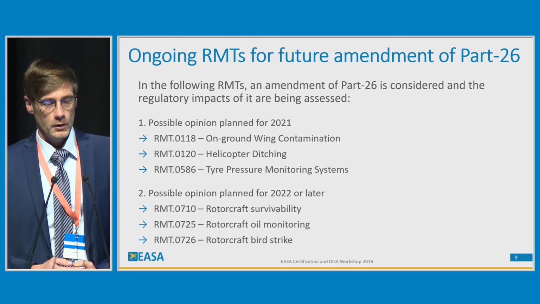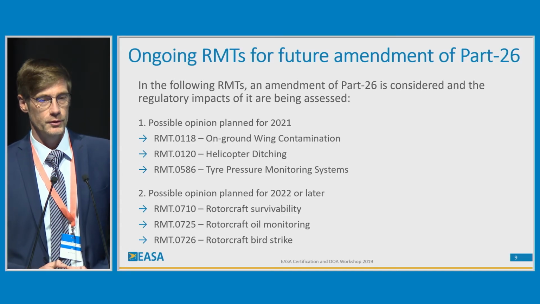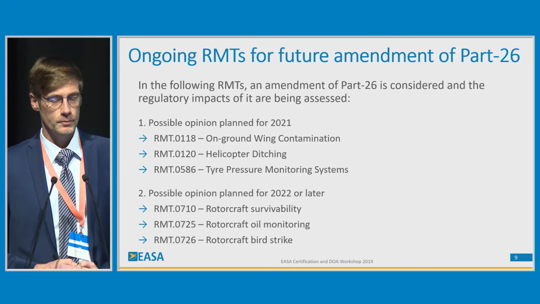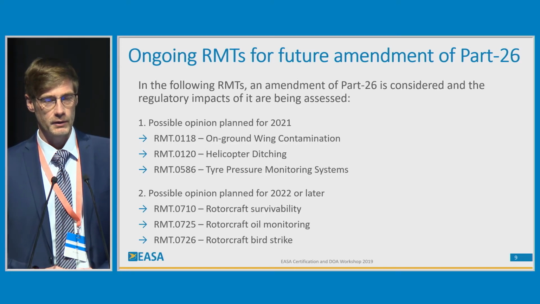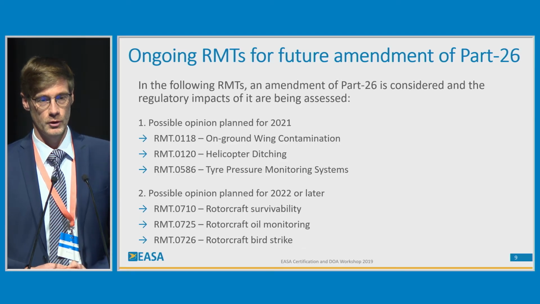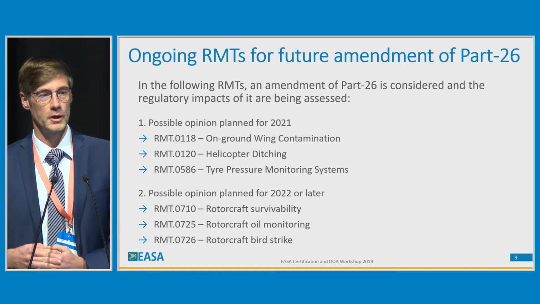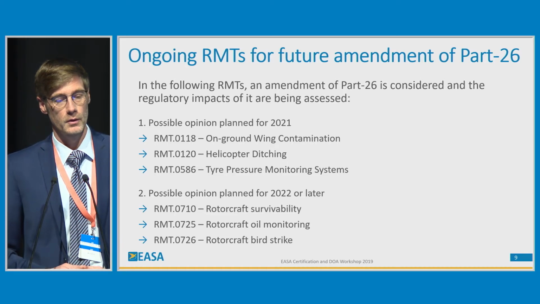For on-ground wing contamination, we have almost completed the impact assessment. And there it looks like we will not propose a Part 26 change. But you will see the NPA, including the impact assessment, at the beginning of next year.